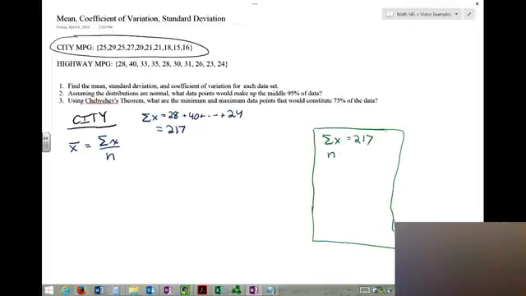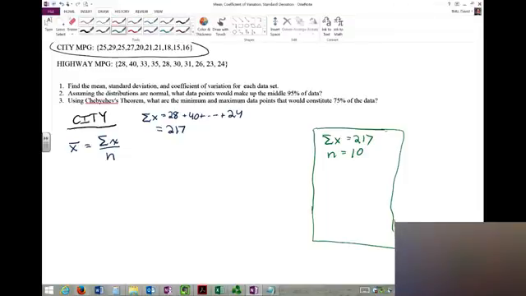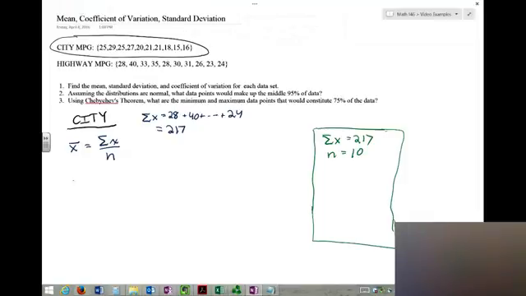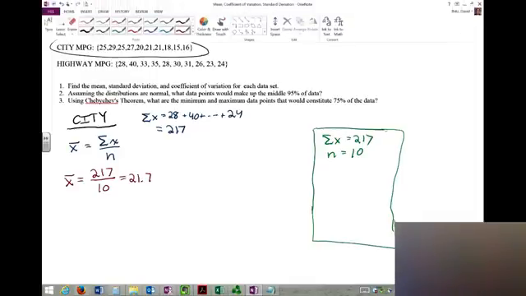Of course, we have 10 data points, so we put the n over there. Now we can find the mean. The mean is going to be the sum of x, 217, divided by the number of data points, and so we get 21.7.